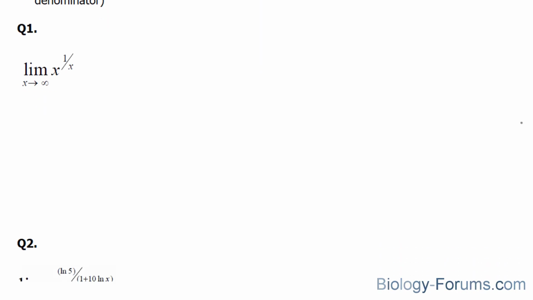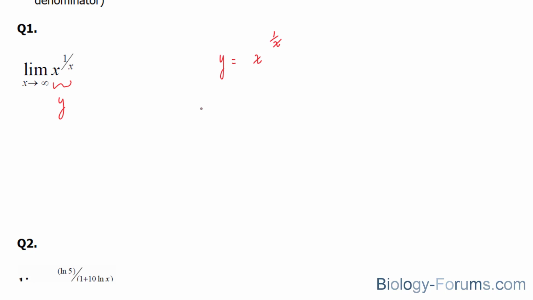Here they're asking us to find the limit as x approaches infinity for x to the power of 1 over x. The technique that you should use here is to set this function as y. So y is equal to x to the power of 1 over x. The next thing you want to do is ln both sides.